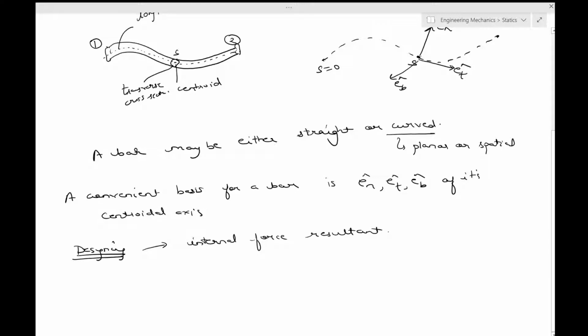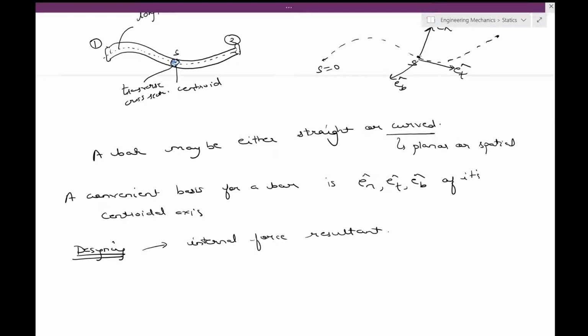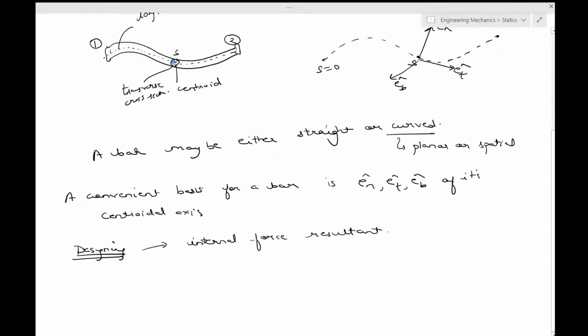So what we do now is look at this particular case. We'll make a hypothetical cut at this transverse cross section which we have drawn, and I'll perhaps show it with a different color over here, this blue color. At the same time I should not hide the centroid, so it's in the center of it.